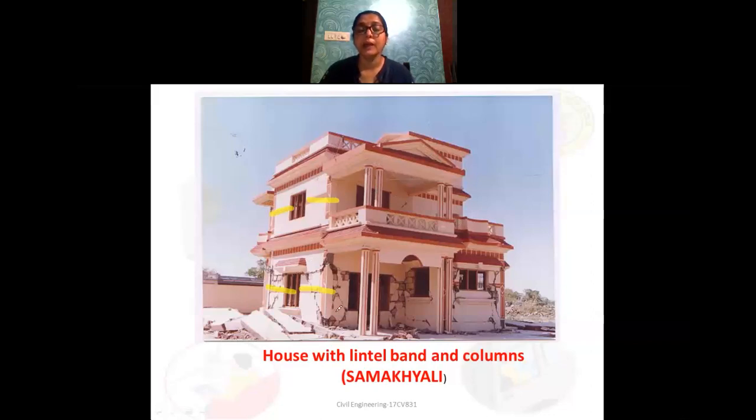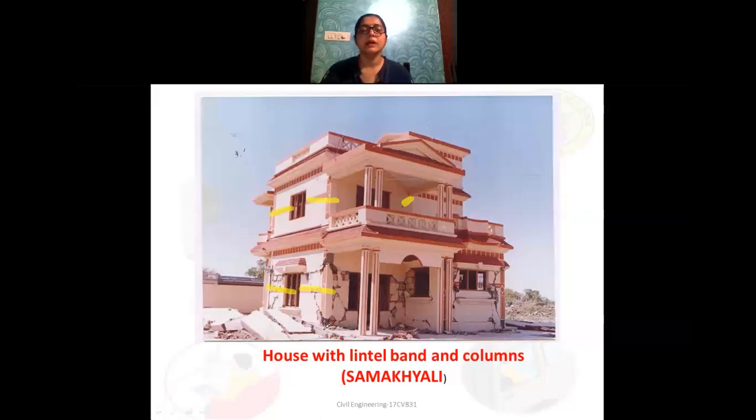It has performed well. Maybe the ground floor is a little damaged. Maybe the reason is that the frequency of the earthquake has matched with the ground floor shaking frequency, whereas on the first floor we can see that there is no major damage. Only a few little cracks we can notice here. The reason may be that the frequency of the ground floor building has matched with the frequency of the earthquake, so it has undergone some damage.